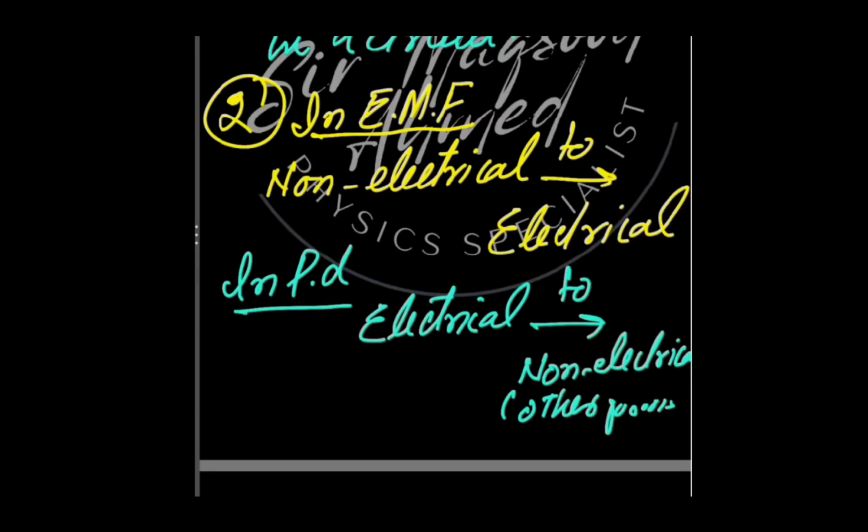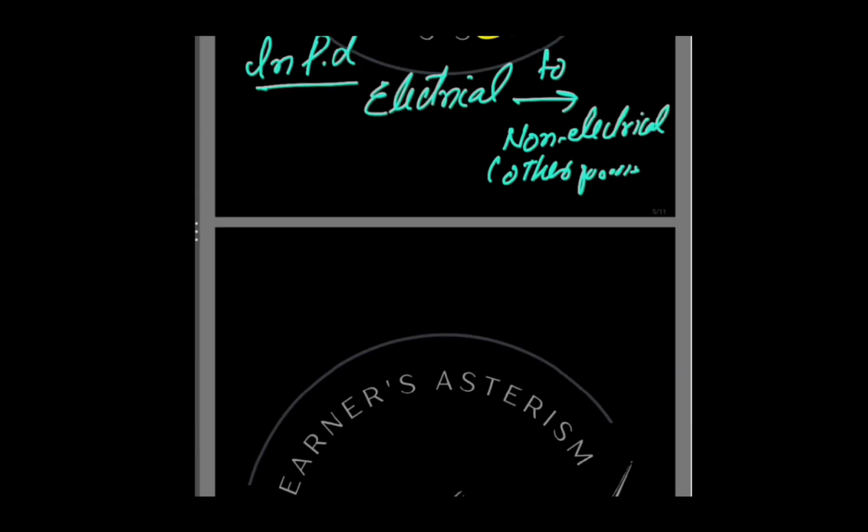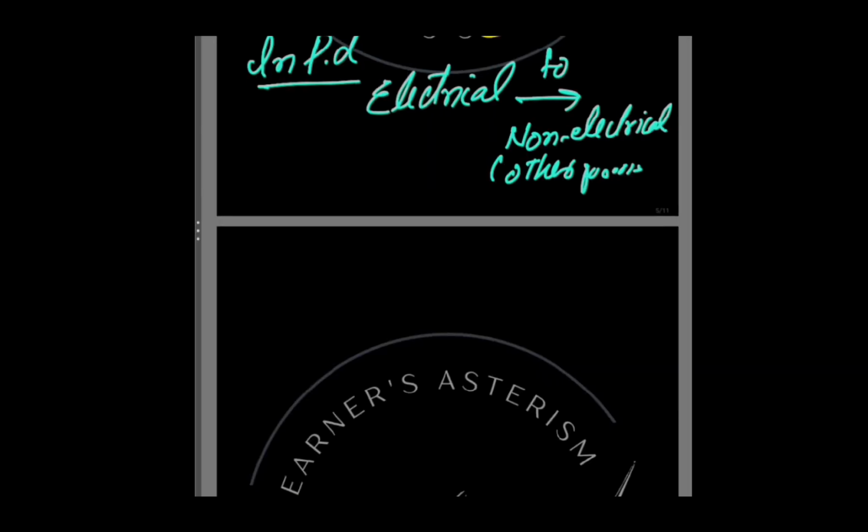Number 2, in EMF, non-electrical energy is converted into electrical energy, but in PD, the electrical energy is converted into other forms or non-electrical energy. Dear students, I hope you have understood the differences between the EMF and PD.